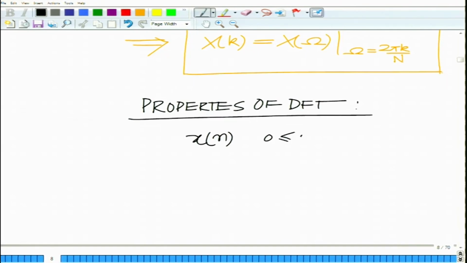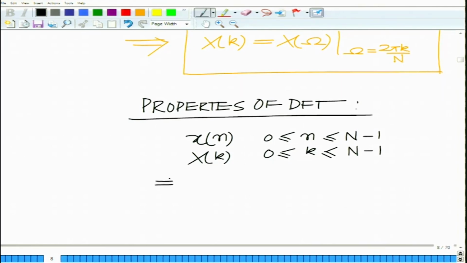Now, we have x[n] with 0 ≤ n ≤ N−1 and X[k] with 0 ≤ k ≤ N−1. N and k are restricted.